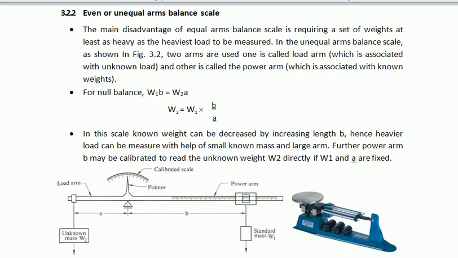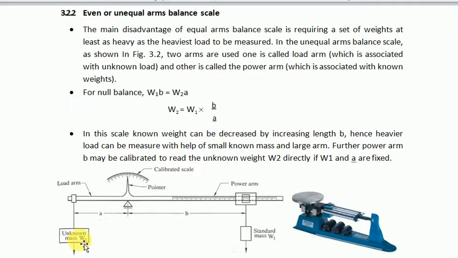The second method is balancing of unequal arms. You can see in this diagram that this arm is shorter in length and this arm is longer. So how do we find out the force by balancing these arms? There is a formula we can use.